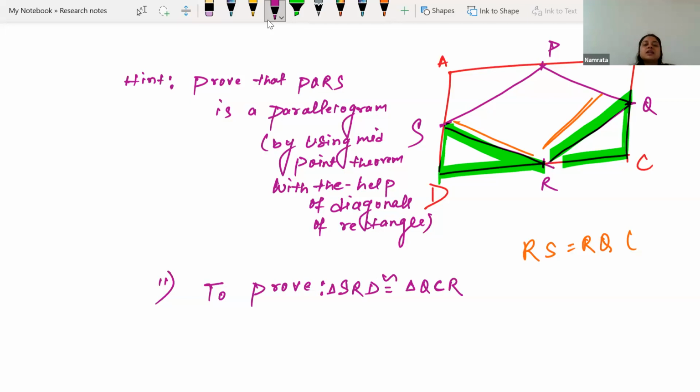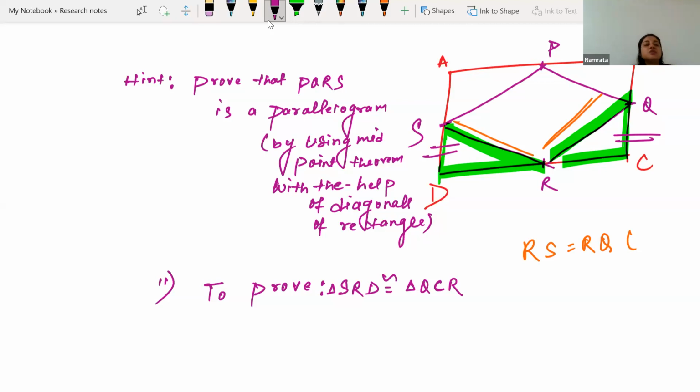Since AD and BC are equal in a rectangle, opposite sides being equal, half of AD, that is SD, and QC will also be equal. This and this will also be equal. You can use that information directly over here. Since it's a rectangle, opposite sides are the same, so half of the opposite sides will also be the same.